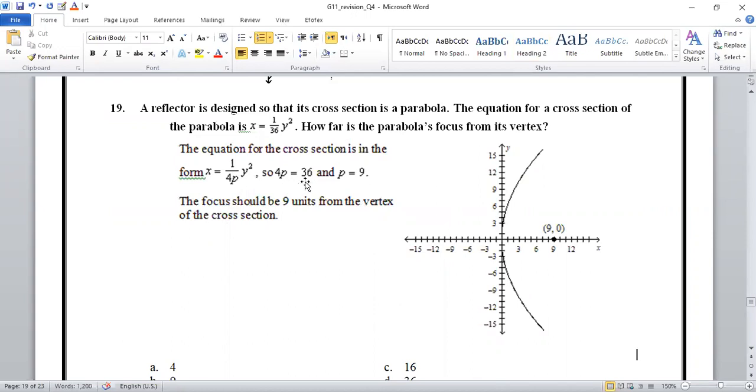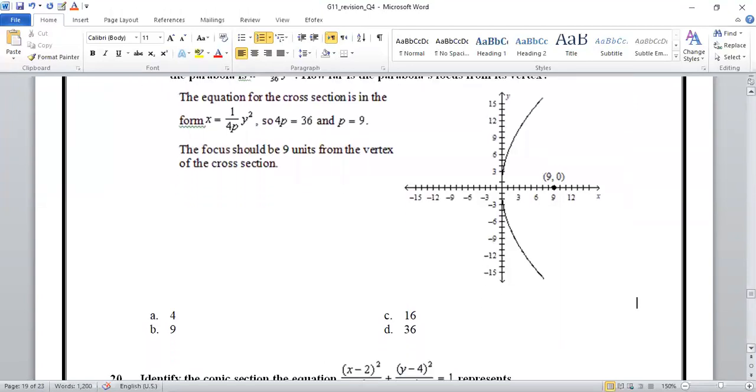So 4b equal 36 and b equal 9. The focus should be 9 units from the vertex of the cross section, with the vertex at (0, 0), the origin. So the answer will be number B.